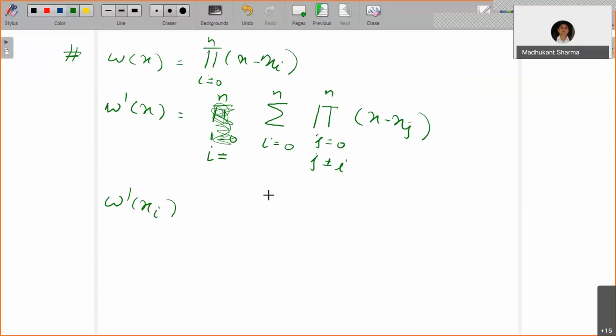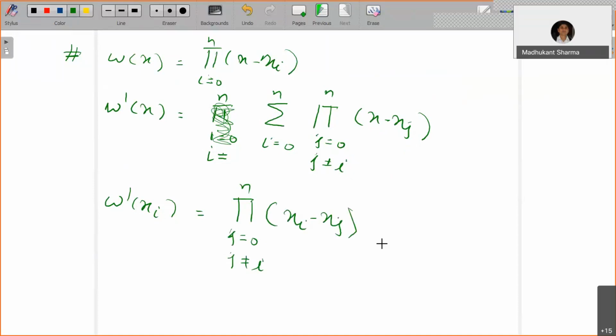At any of the nodal points xi, wherever the factor x minus xi is there, the terms will vanish. So it remains only in one single term, which is the product over j equals 0 to n, j not equal to i, of xi minus xj.